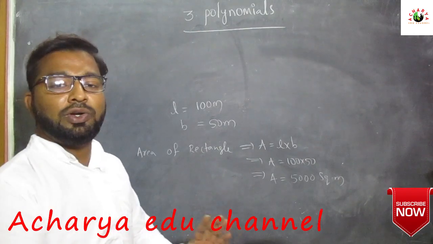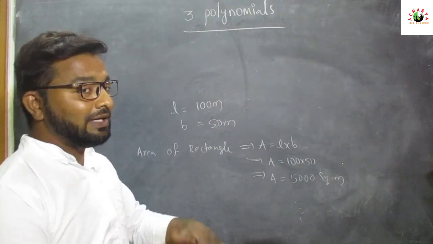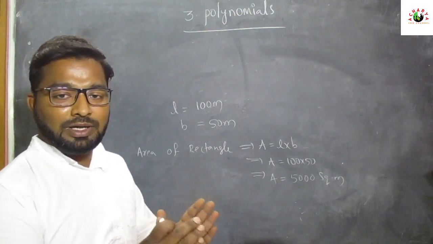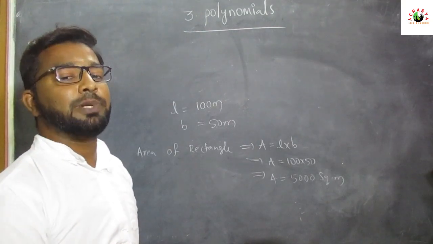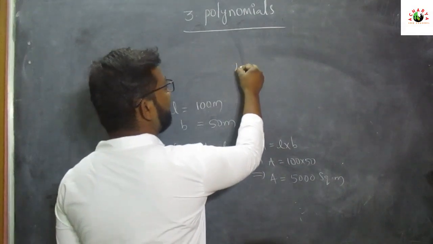Actually here we don't know the length or the breadth of the garden. What is the given condition here? The length of the garden is twice its breadth. At that time we take the breadth.